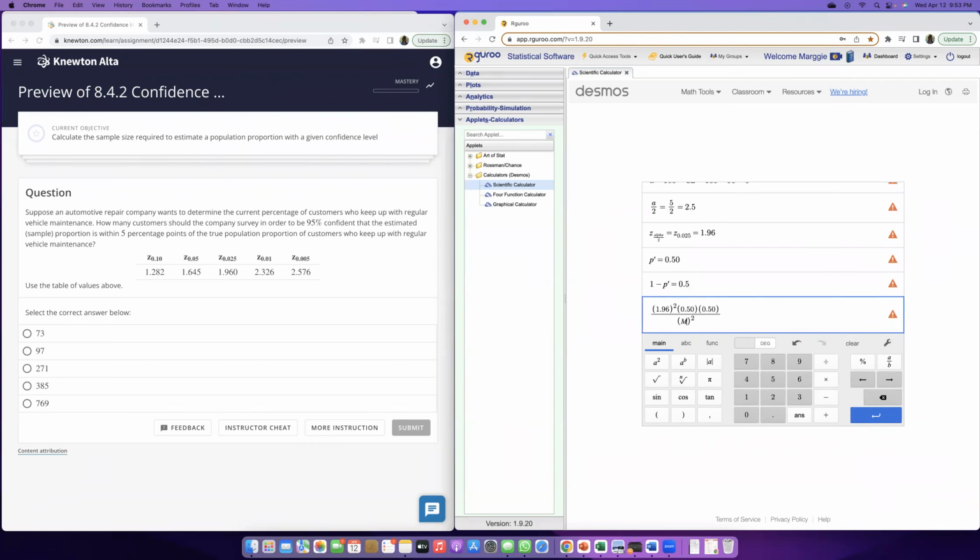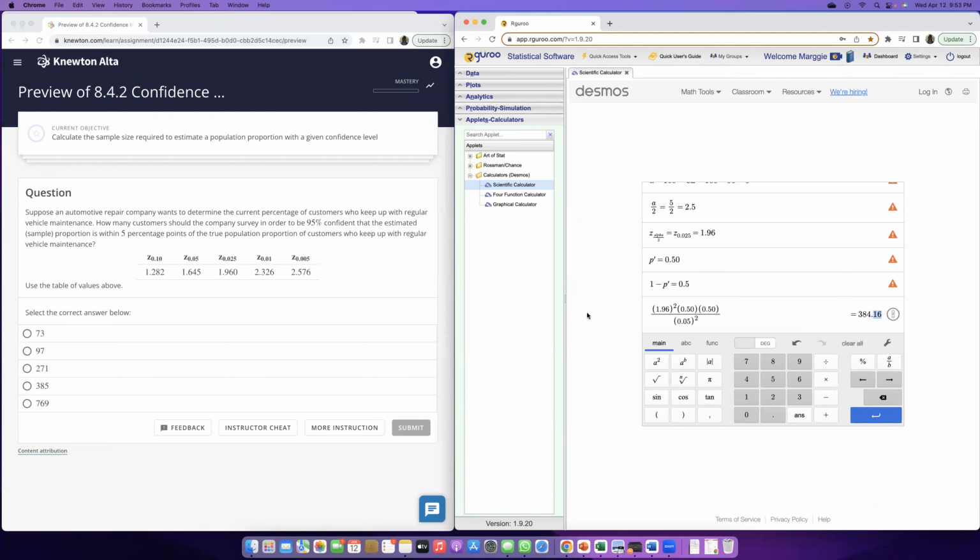So I'm going to go here, 0.05. And then this gives me that sample size. All right. So for the sample size, we get 384.16, so this is telling me that I need to survey 384 people, and then 0.16 of an additional person.